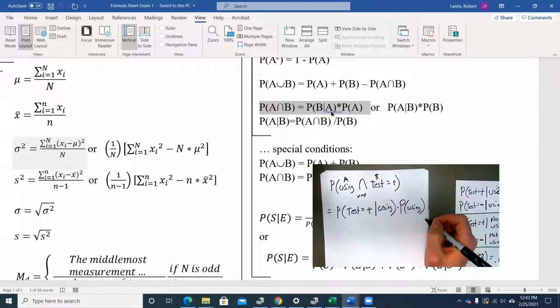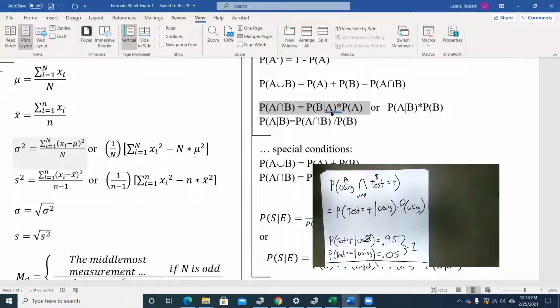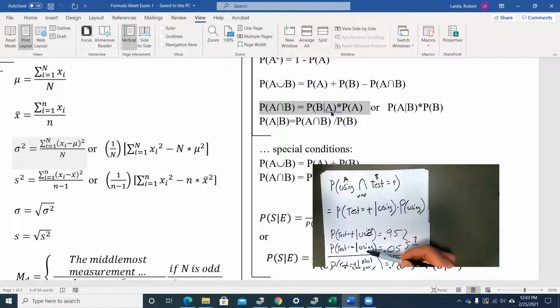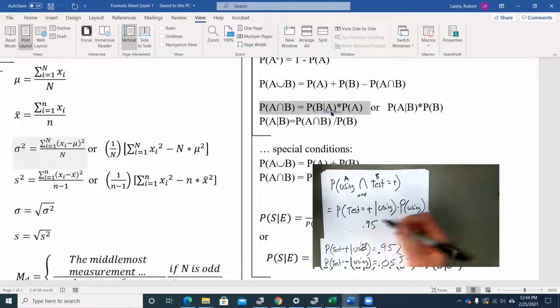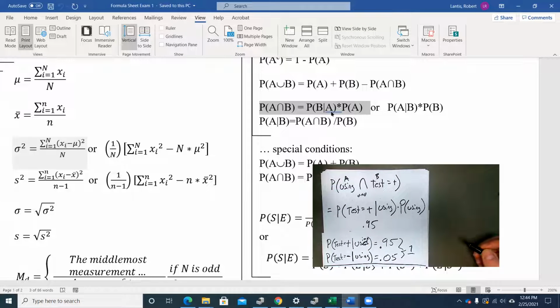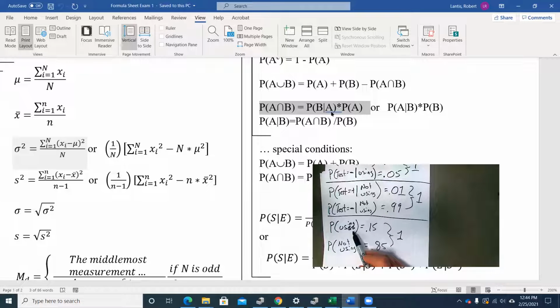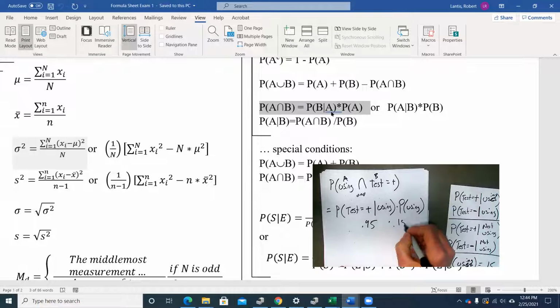Well, once I write this out in the context of my example, I go back here, what's the probability that, given that they're using, it comes back positive? Well, that was told to me to be 0.95. And then what's the probability that they're using? We had that down here, was 0.15. Okay. Any questions on that?